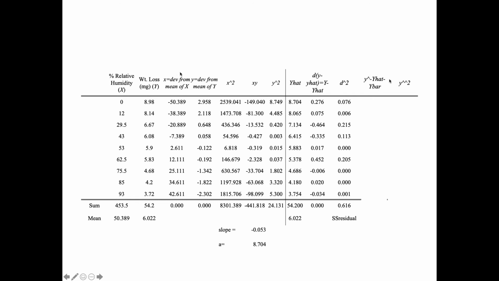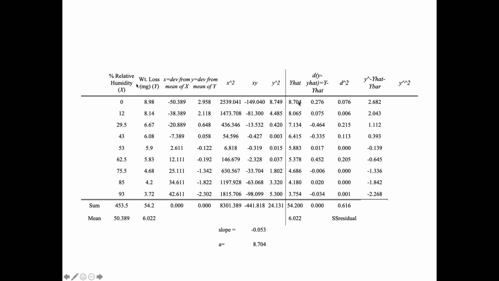So this would be y hat, which is the predicted value, minus y bar, which is the average value over here at, sorry, 6.022. So 6.022 differs from 8.704 because there is actually a deviation from an expected line of 0 due to the regression model.